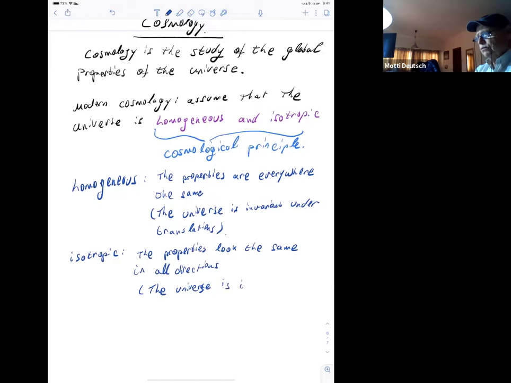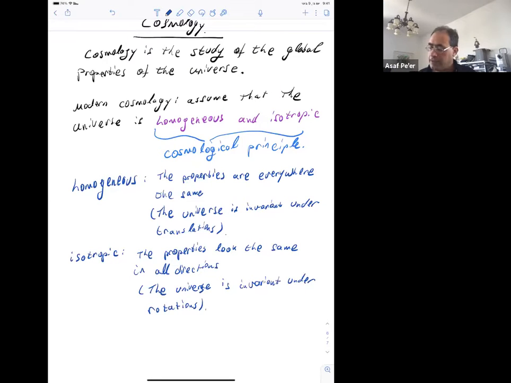Thank you. So this is essentially a modern version of the Copernican principle, which states that, unfortunately, we are not at the center of the universe.